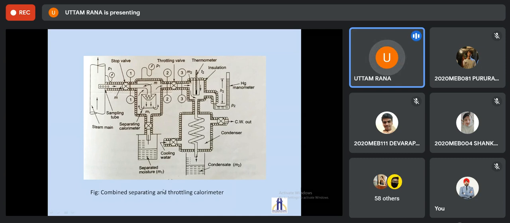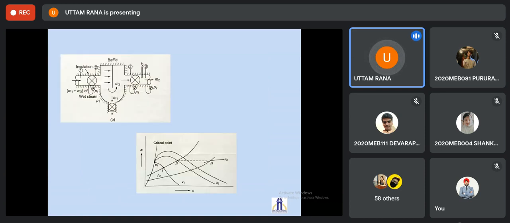During that time interval, let us say M1 amount of moisture is collected in the separator and M2 mass is collected in the condensate. So the mass flow rate will be equal to M1 plus M2. Fine. With this particular setup, we can find the quality of the steam. How to do that? Look into the process here, basically in the HS diagram.